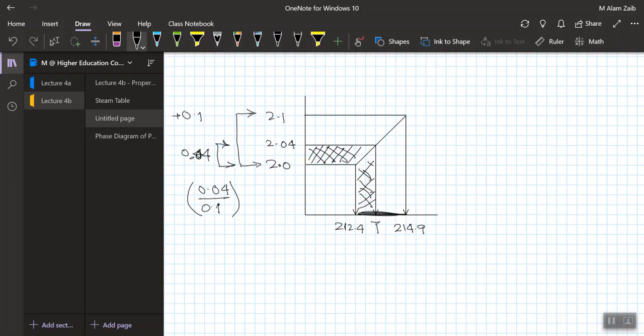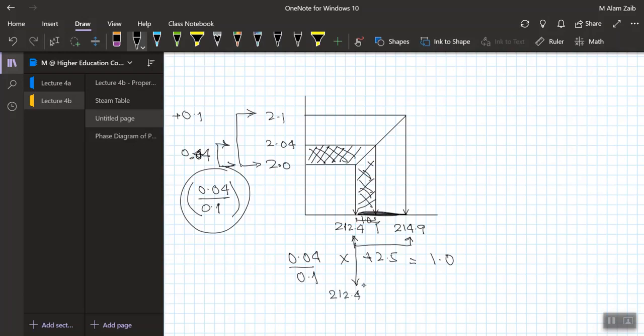If I find this percentage and multiply it over this difference, which is equal to plus 2.5, that is, 0.04 divided by 0.1 multiplied by 2.5, it will give me a value equal to 1.0 over here, which will be the value of this portion.